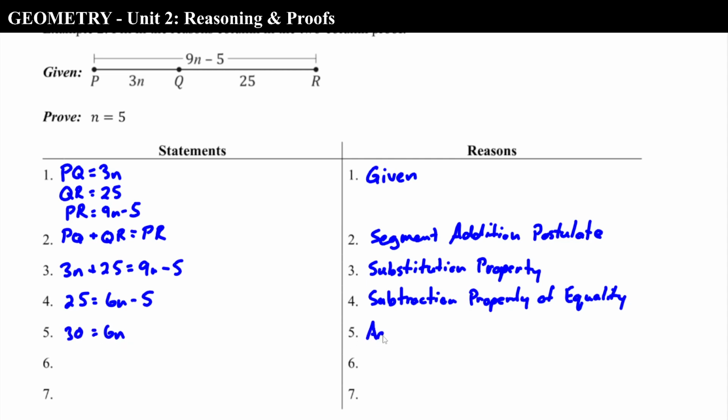And that was the addition property of equality. And now we're going to divide each side by 6, which gives us 5 equals n. And we did that by using the division property of equality.